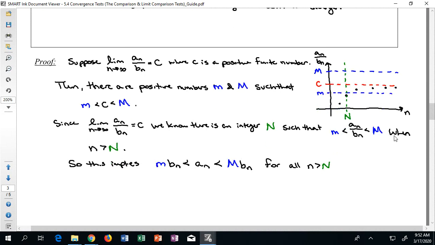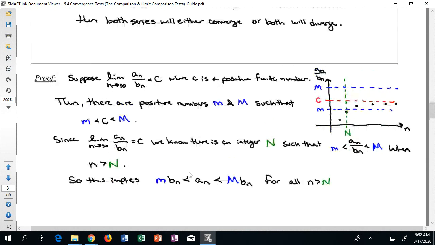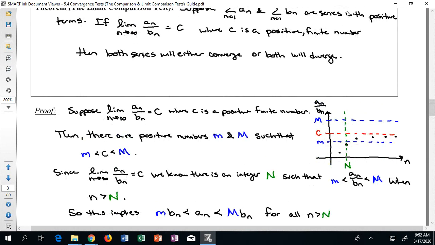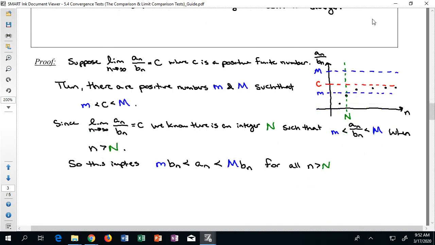Now, again, I can multiply that. I don't have to worry about flipping inequality signs or anything weird like that because b sub n only had positive numbers in it. Okay.